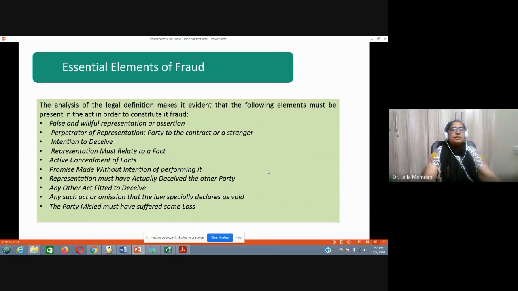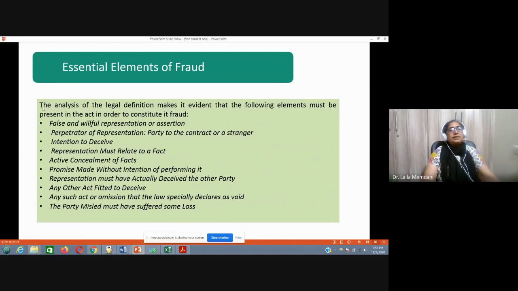Some of the essential elements of fraud according to the law: false and willful representation or assertion. So, falsely and willfully the person is giving that assertion. In misrepresentation, it was unintentional, and the person making the representation believed that it is true.